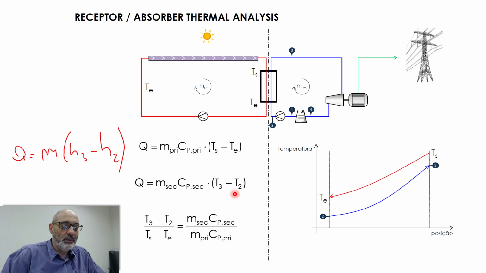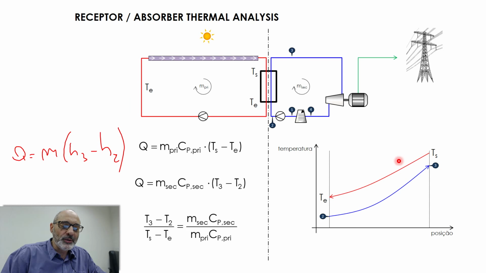Suppose it's okay, and it can be okay because we can work with compressed nitrogen, for instance, in this secondary cycle here. So for compressed nitrogen, I can use this formula, no problem. Since we're neglecting all losses, I can replace this equation down here and obtain this formula here.